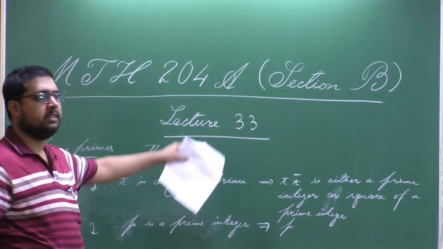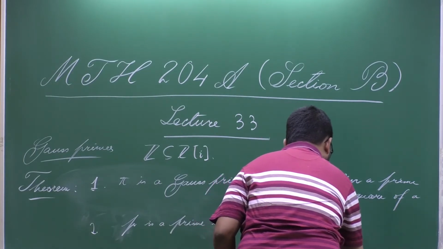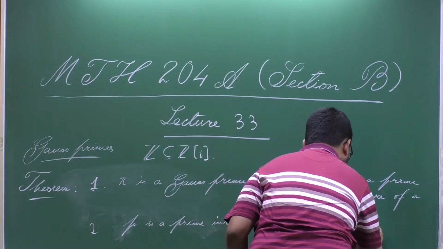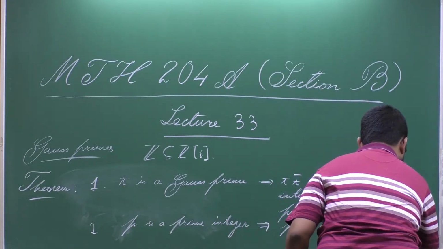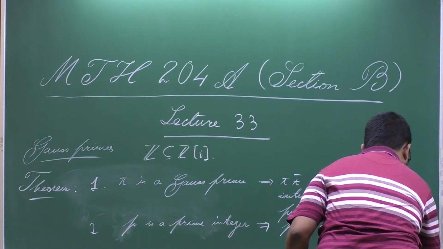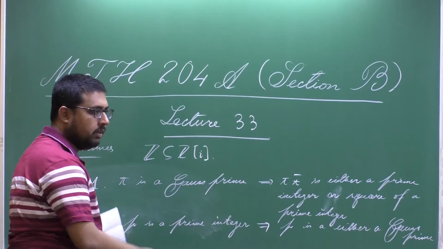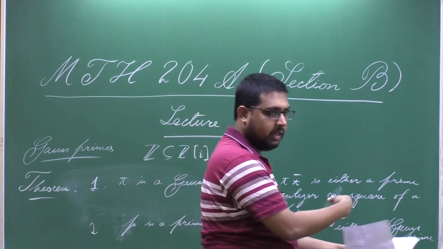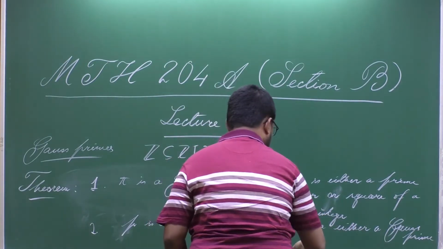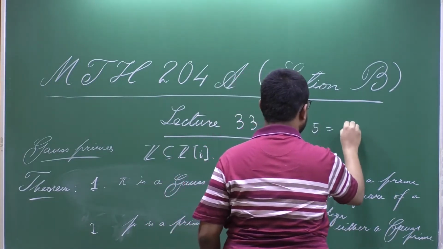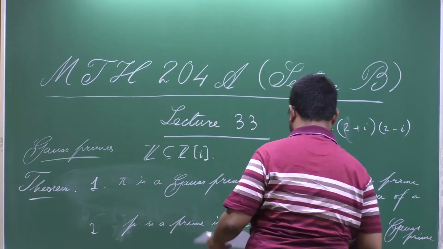So if we regard p as a member of Z[i], p is either a prime there, a Gauss prime, though I have shown this need not always be the case. For example, for 5 we have just seen that it admits a factorization, from (2 + i) times (2 − i).